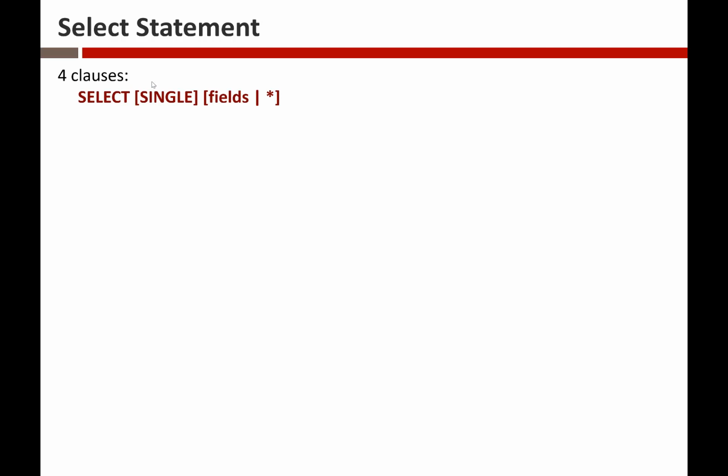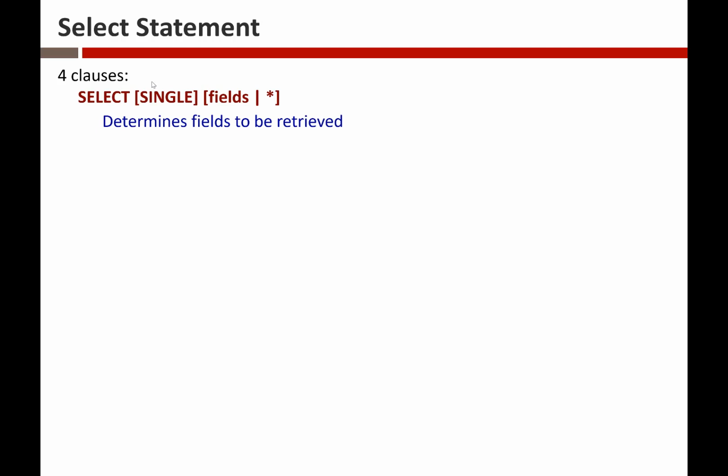Select statement's broken up into 4 clauses. We can have select, we can add the word single, which I'll talk about in a moment. We can use a star here if we want all the fields, or we can list the fields that we want to be selected from the targeted database table. And this is pretty straightforward.